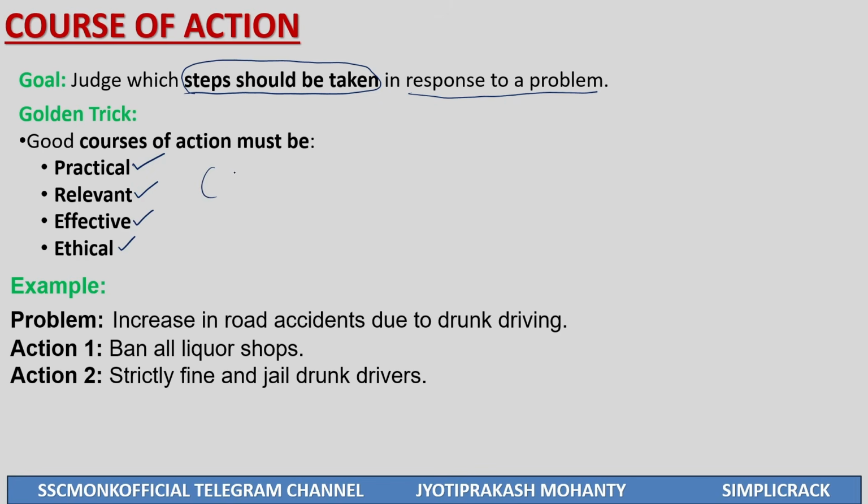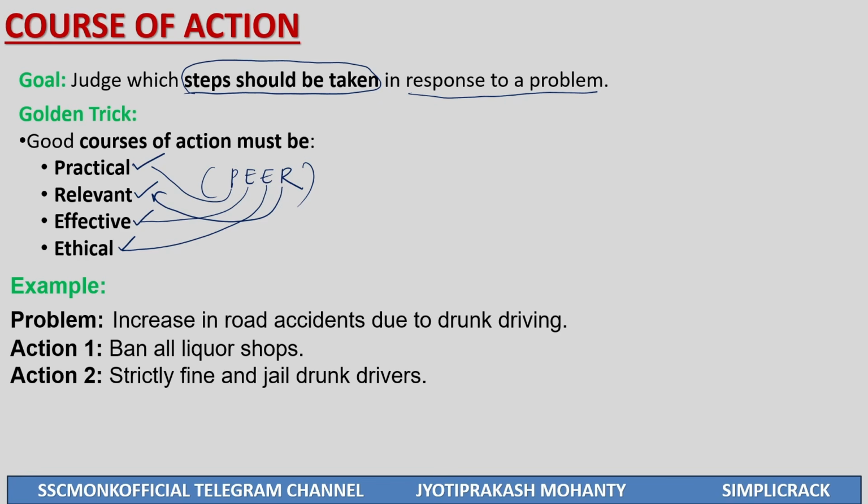For this, I have a formula known as the PEER formula. PEER means: P is practical, E is effective, E is ethical, R is relevant. So in course of action, the actions should fall under the PEER formula. Clear?